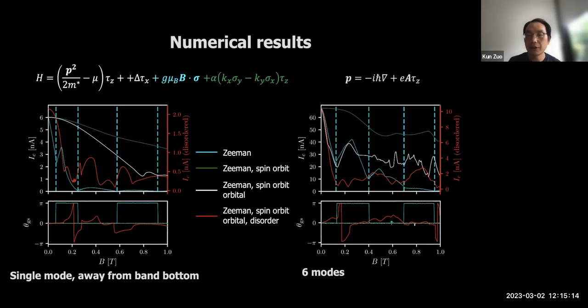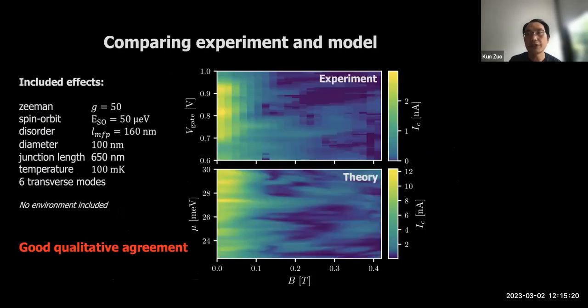So we try to compare our numerical simulation with our experiments. The main data is shown here, where we plot the supercurrent behavior as a function of magnetic field at the different gates experimentally, but then we also simulated the results theoretically as a function of B and gate voltage.